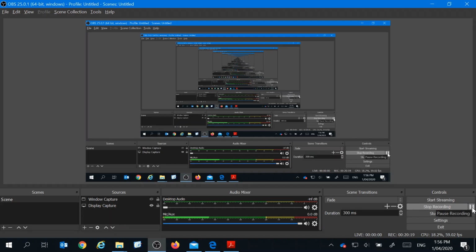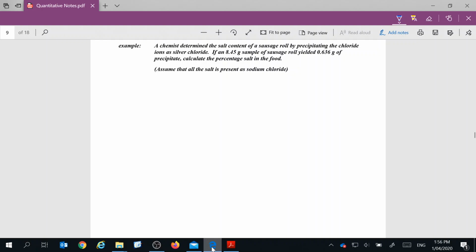Okay, sausages. All right, so we have a sausage roll. It's got salt in it, which of course is sodium chloride. A chemist precipitated out all the chloride as silver chloride and got 0.636 grams of that precipitate.